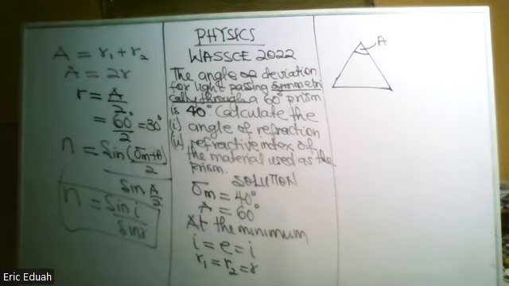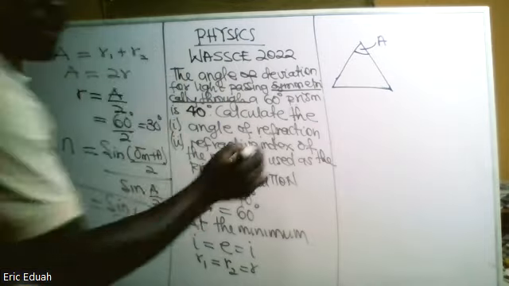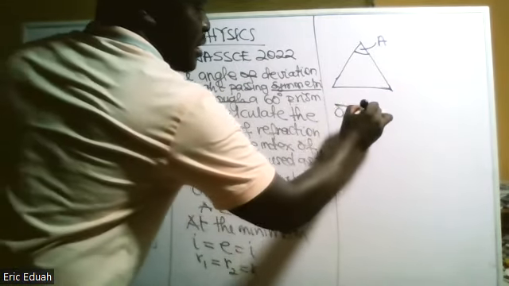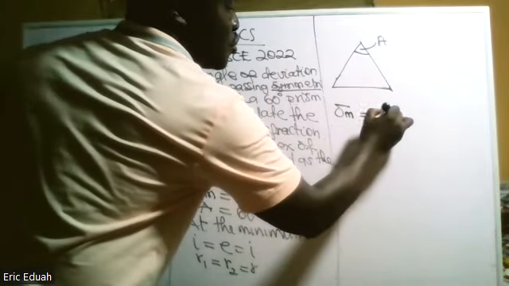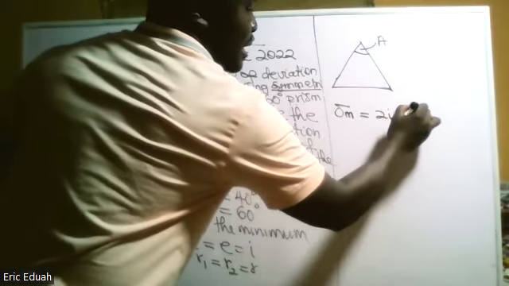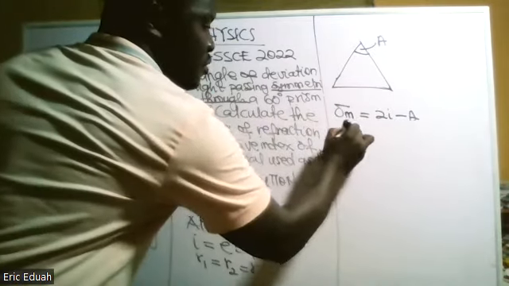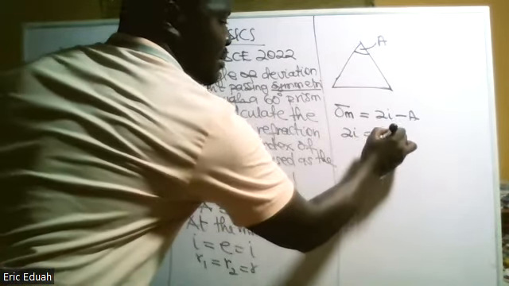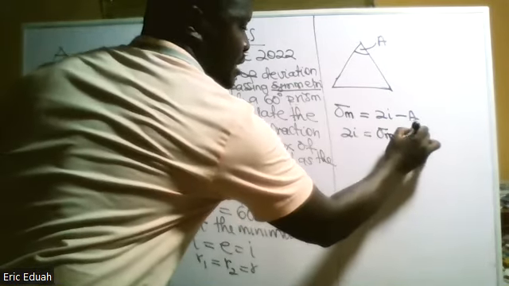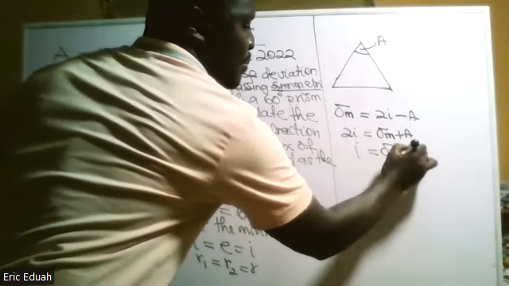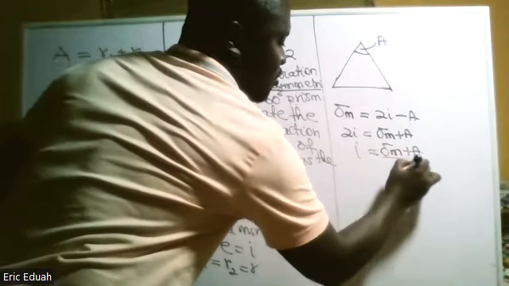Then I use the main one. Don't forget, we realize that minimum deviation is equal to 2I minus A. Therefore, 2I will be equal to sigma m plus A, and I is equal to sigma m plus A all over 2.